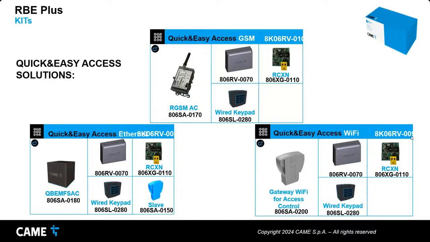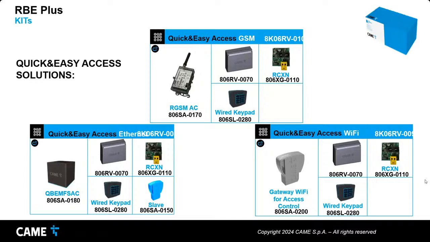So that's why we use these kits when we need to have the access control facilities with one keypad inside, and obviously the RCXN bus extension. So 806XG0110 could be added when you think about single devices to be bought by the customer.